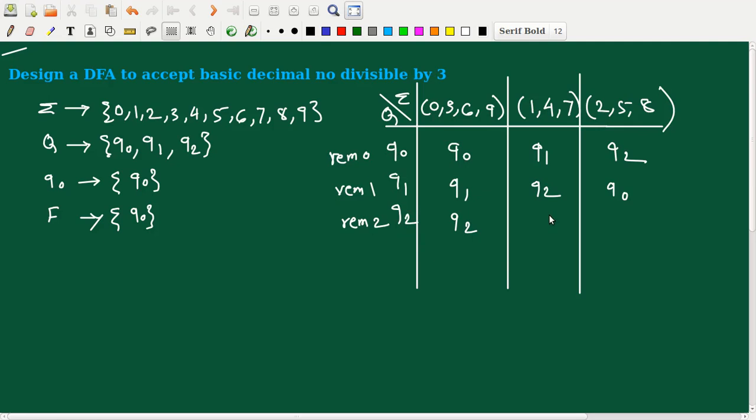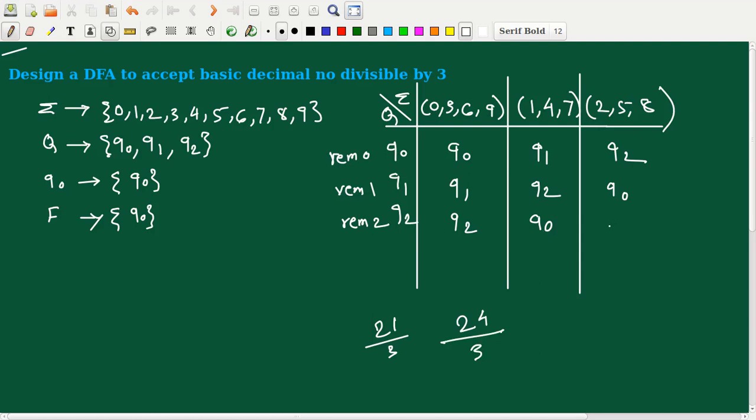Similarly, I'll provide the next input to q2. q2 is already 2, and if I provide an input 1, it gives me 21 divided by 3, which provides a remainder 0. So I put here the state for remainder 0, which is nothing but q0. Similarly, if I provide input 4 or 7 from this set, it becomes 24 by 3, giving me a remainder 0, so I put q0 here.